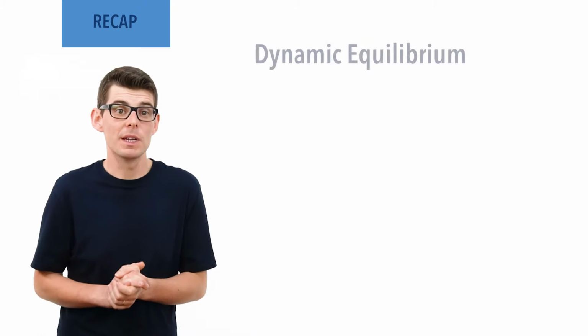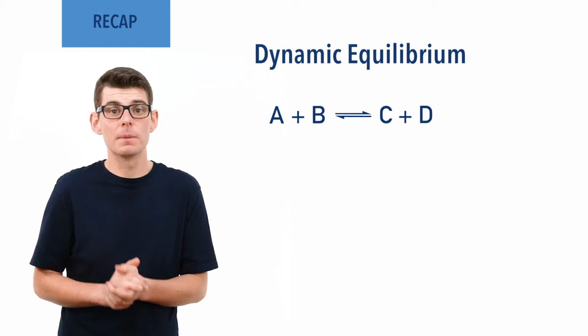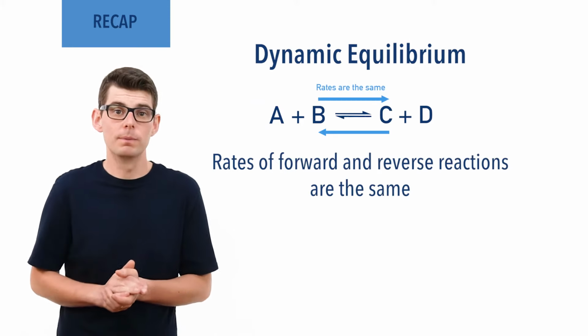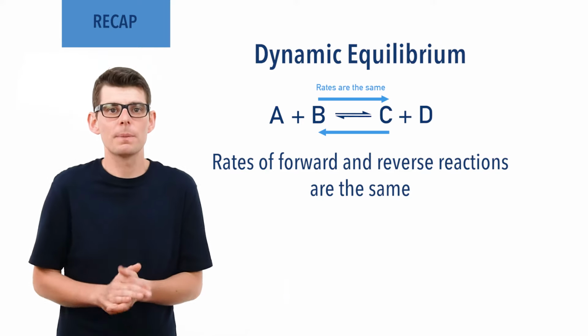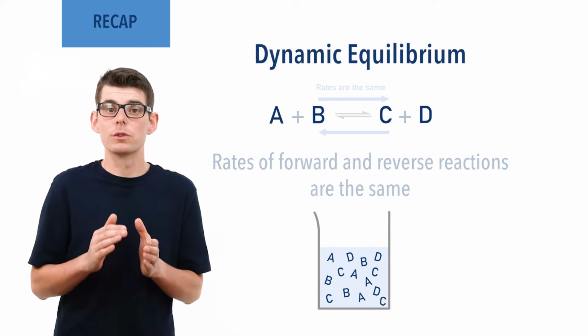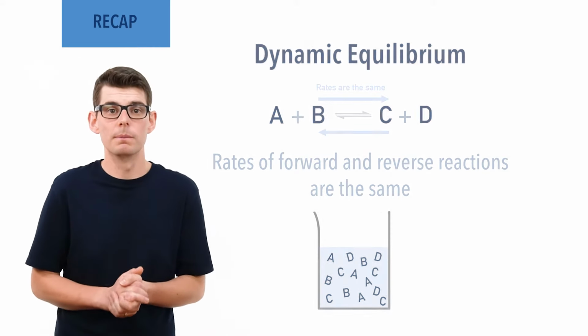A dynamic equilibrium refers to a reversible reaction in a closed system in which the rates of the forward and reverse reactions are the same. This means at equilibrium, there is a mixture that contains both reactants and products, and their concentrations remain constant as long as the system remains at equilibrium.